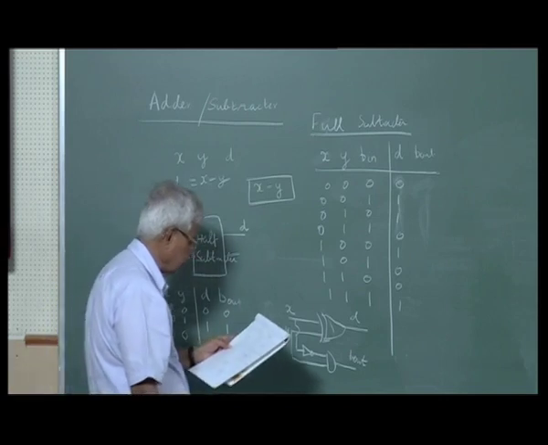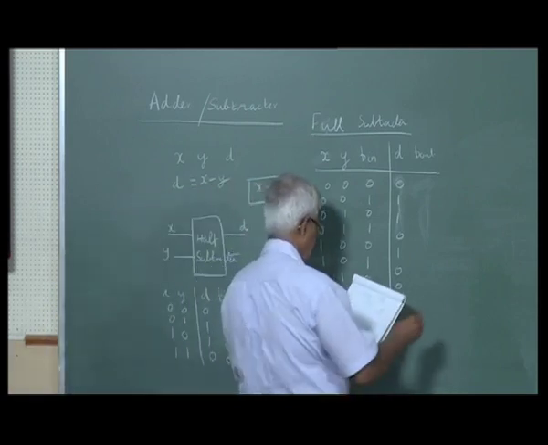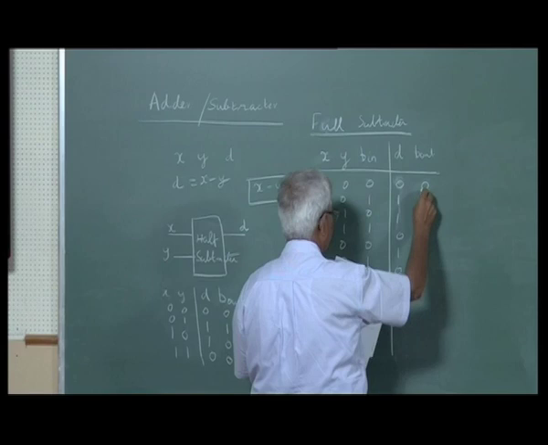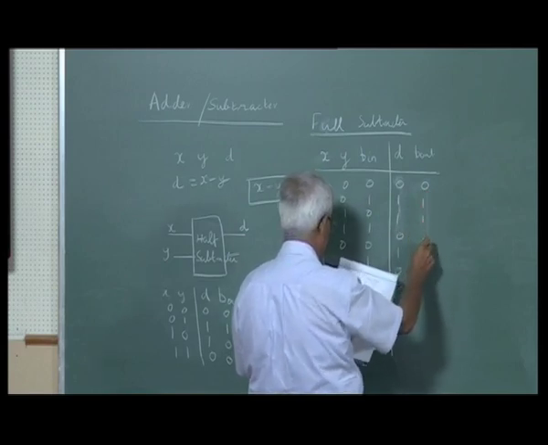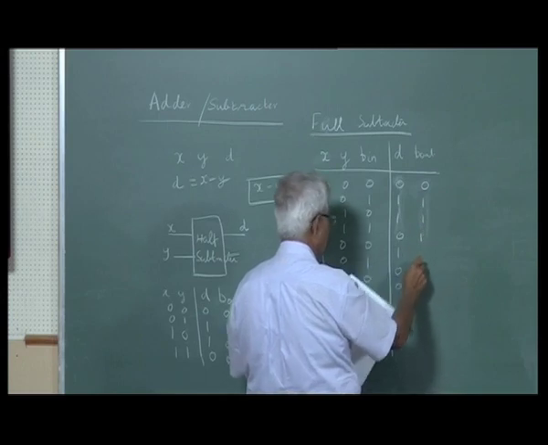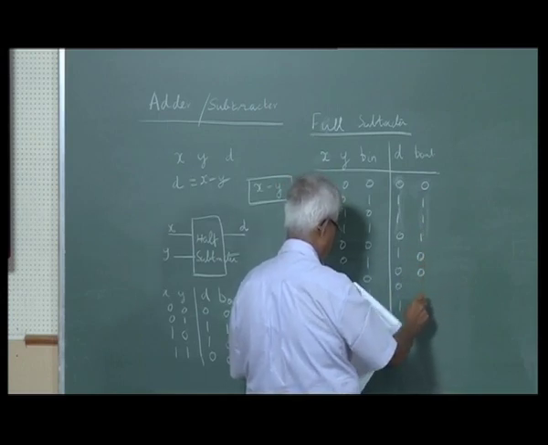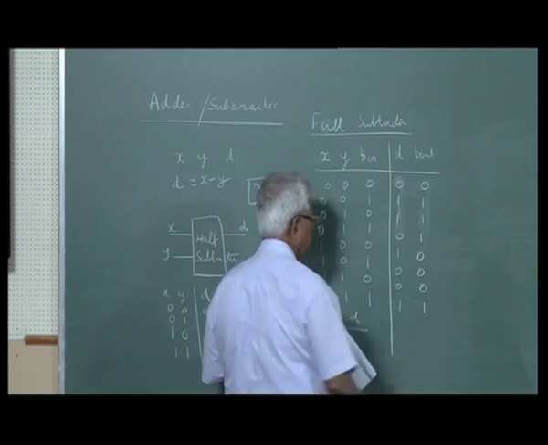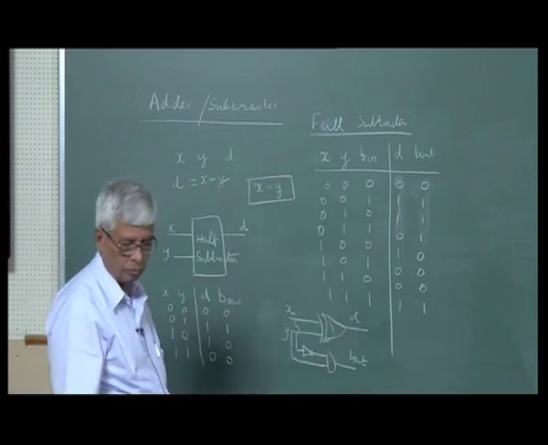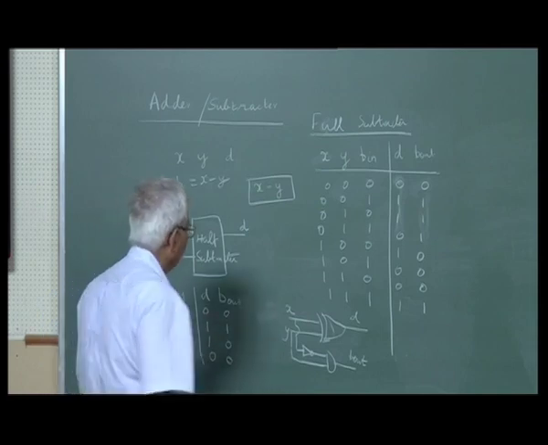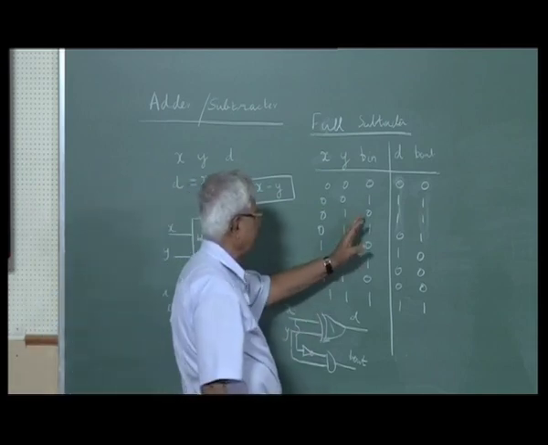B out would be 0, 1, 1, 1, 0, 0, 0, 1. So, same logic again.